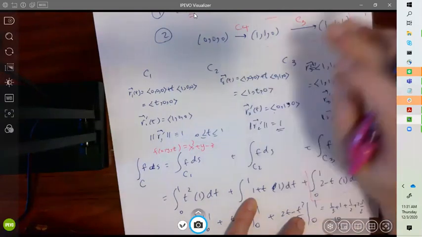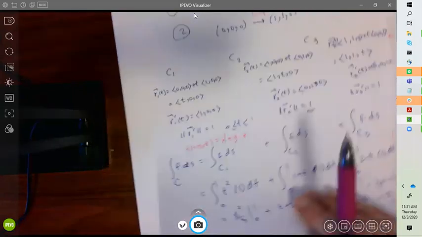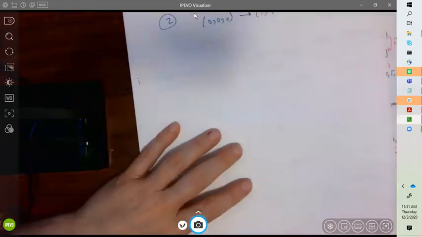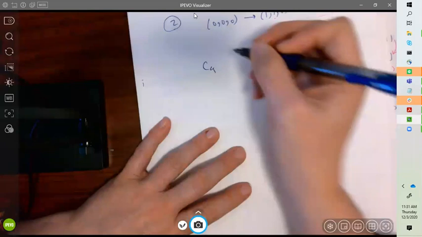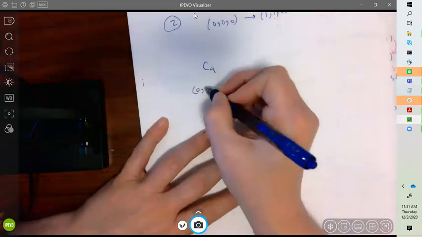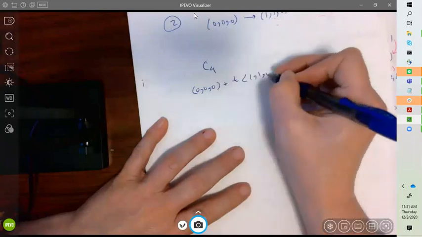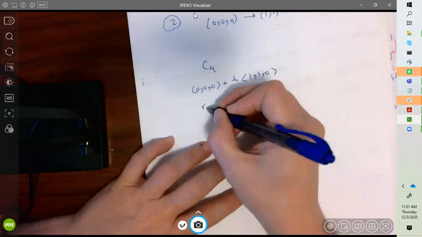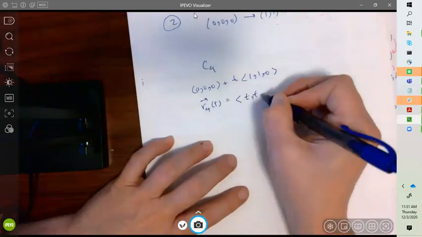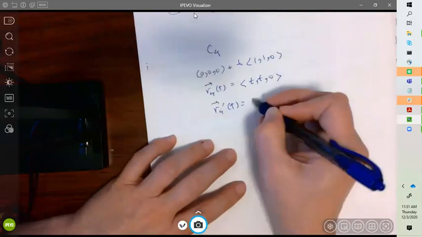So for part B, this is what I'm going to do. C4 is going to be 0, 0, 0 plus t times 1, 1, 0. That's R4 of t is going to be t, t, 0. And so R4 prime of t is 1, 1, 0.